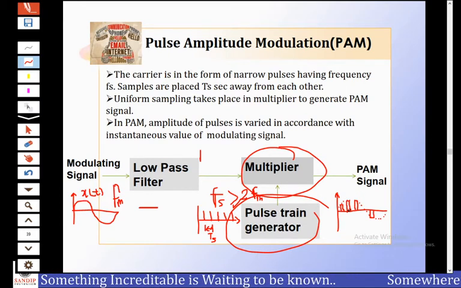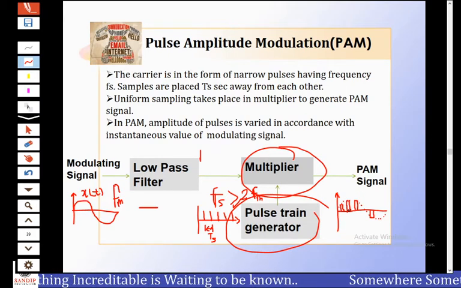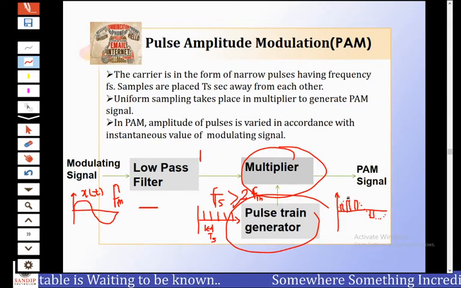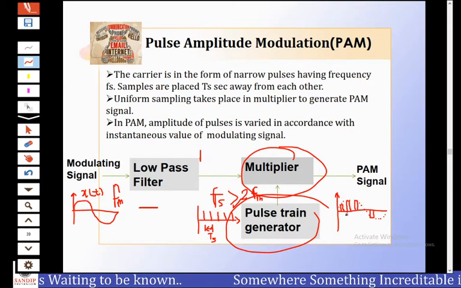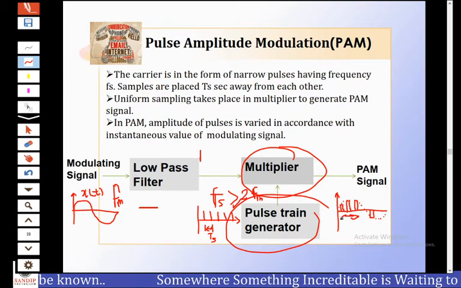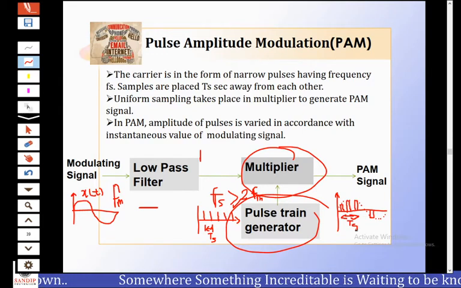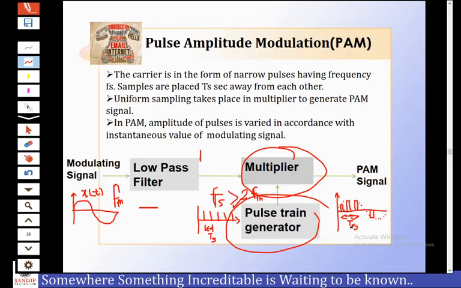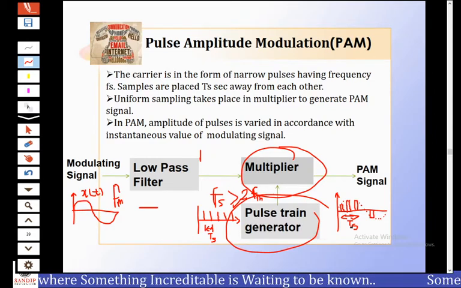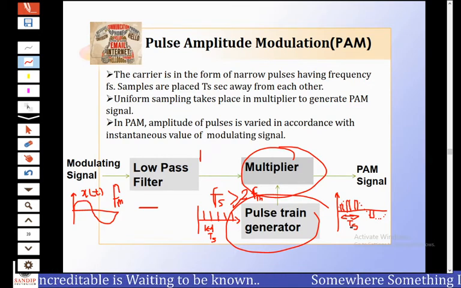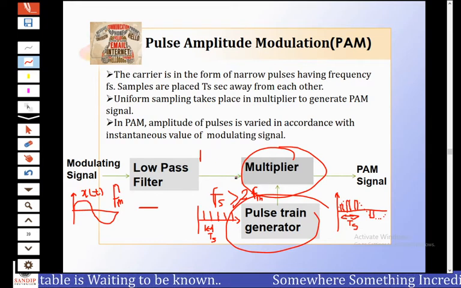As shown in the figure, the samples are placed Ts seconds away from each other. The distance between the two samples is Ts. The information in the modulating signal is contained in the amplitude variation of the pulse carrier. Therefore, the system is similar to the AM system as discussed in the earlier section.